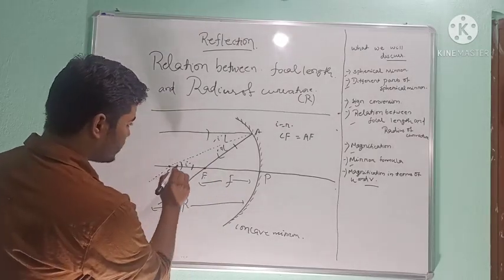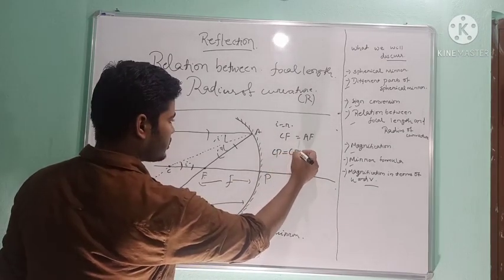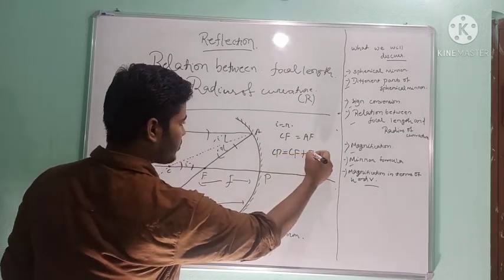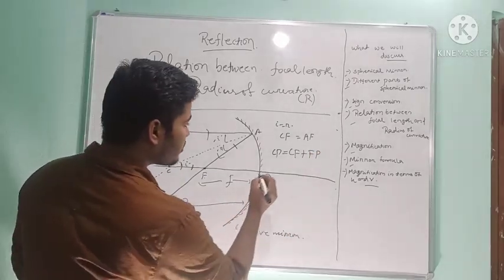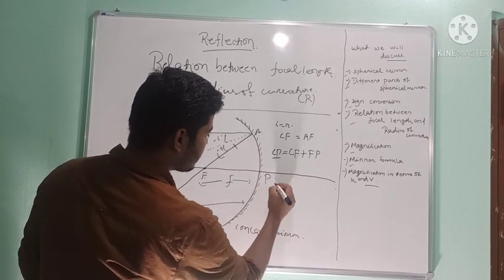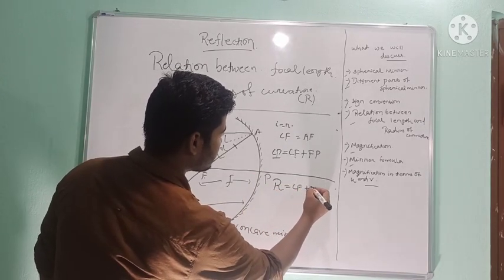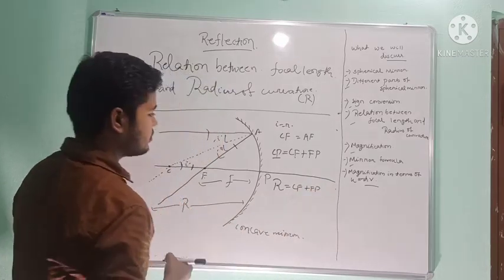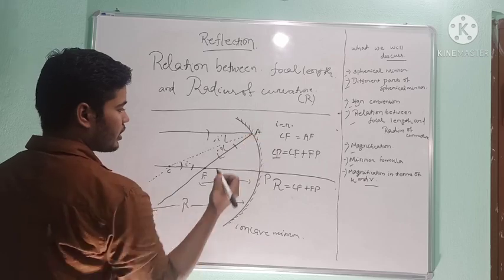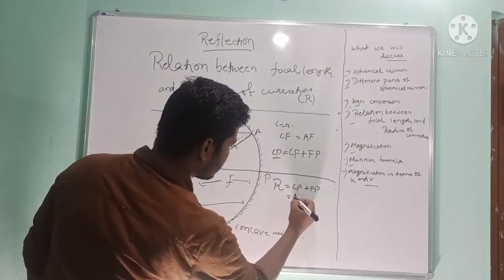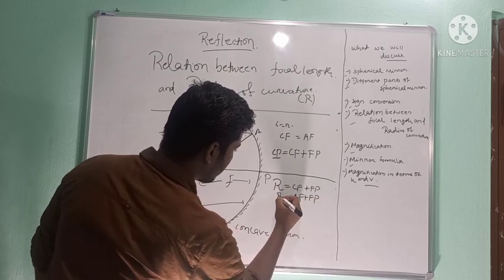Now CP is equal to CF plus FP. CP is R. So R is equal to CF plus FP. CF is equal to AF, so we can say AF plus FP is equal to R.